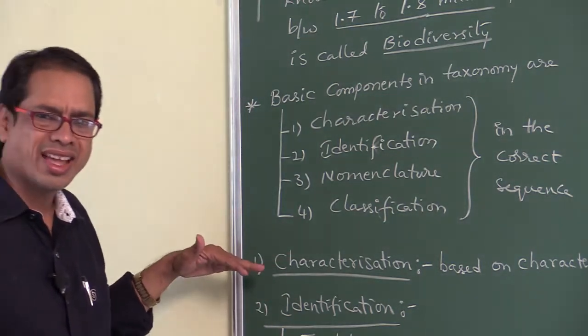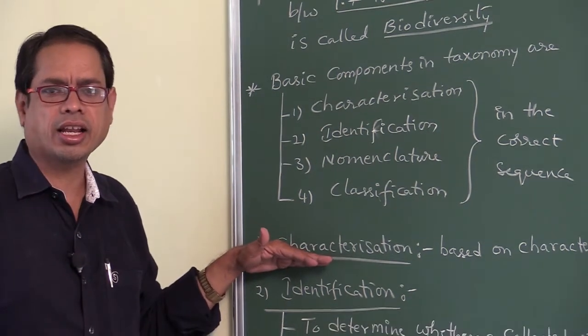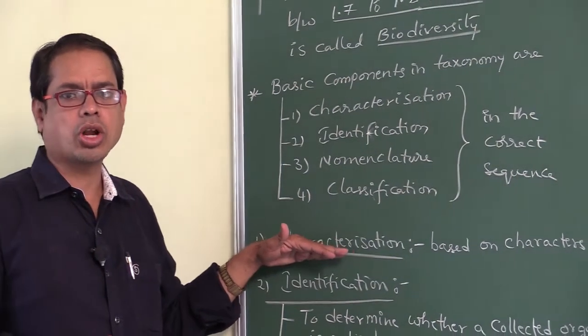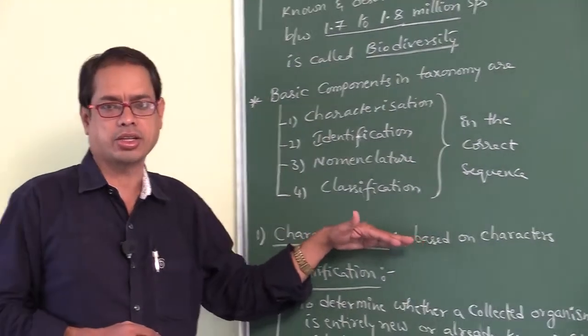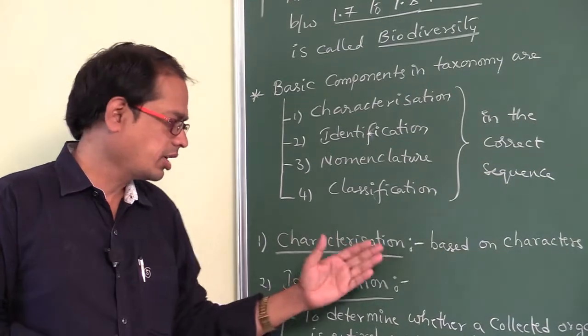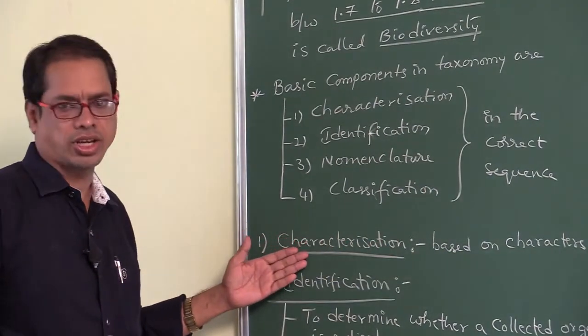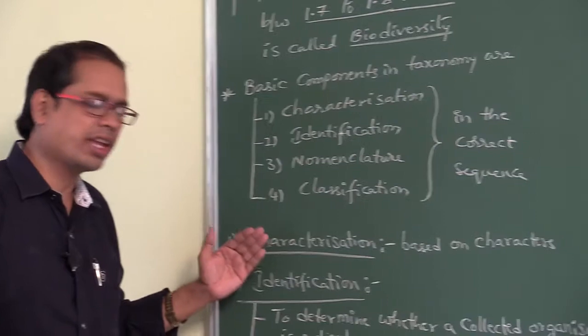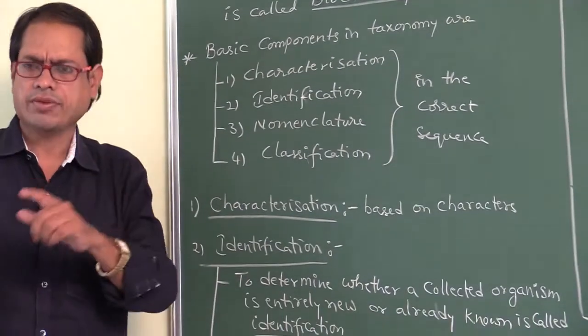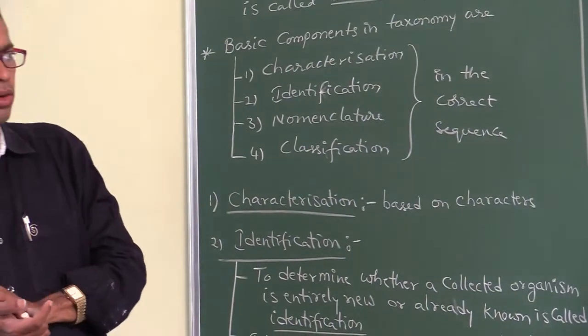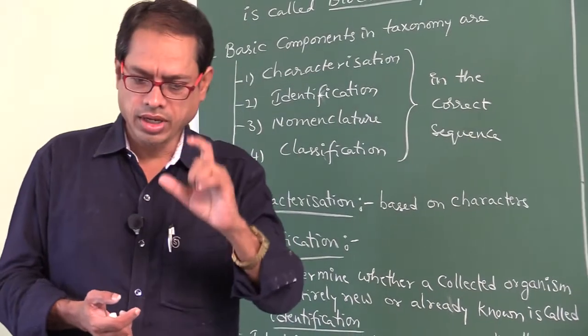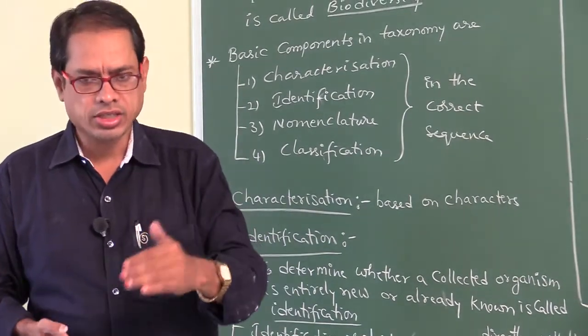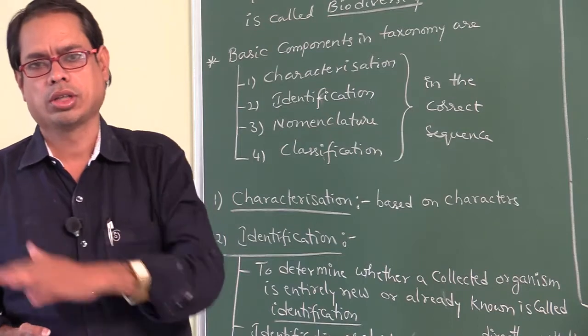One by one. What is characterization? Characterization means based on observable characters. Next, what is identification? First of all, when we go to some place, we will identify one plant, whether it is already known or unknown.